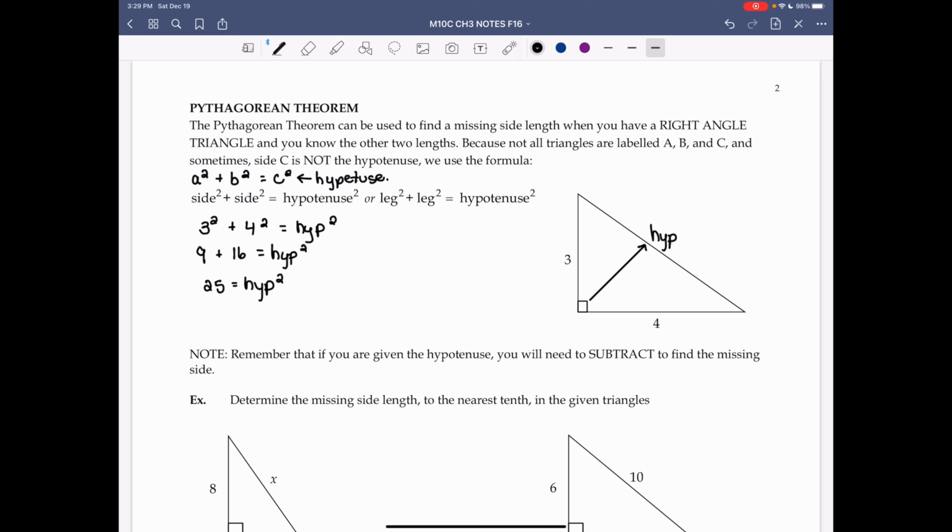Now we want the hypotenuse, not the hypotenuse squared, so we're going to take the square root of both sides, and we would get square root of 25 is 5 equals the hypotenuse. So the hypotenuse equals 5.